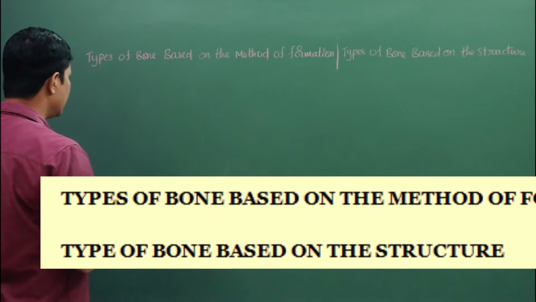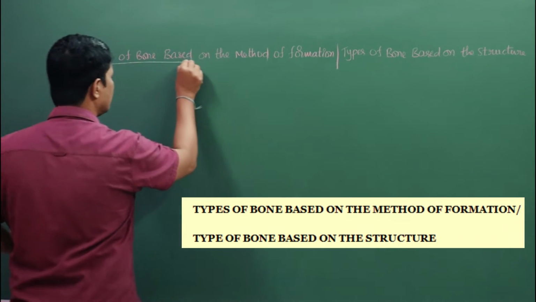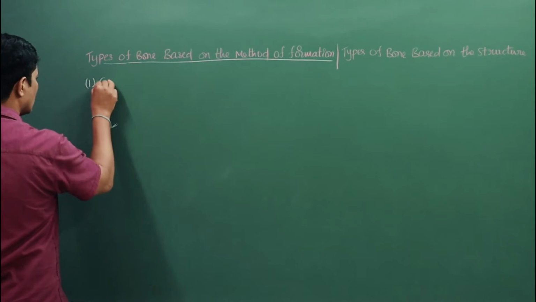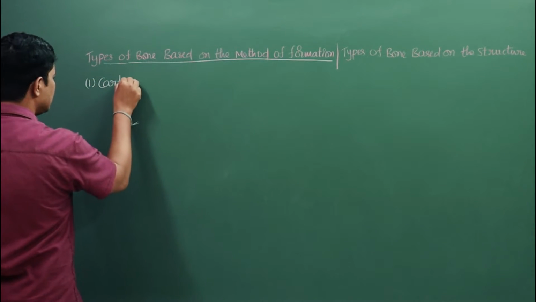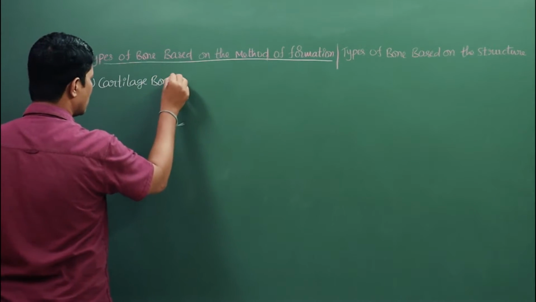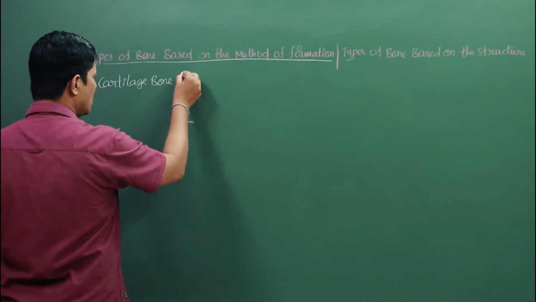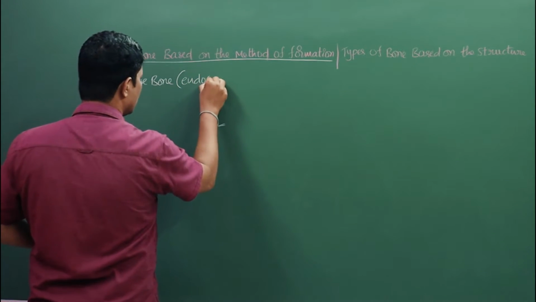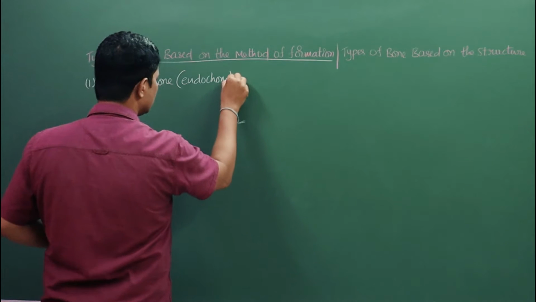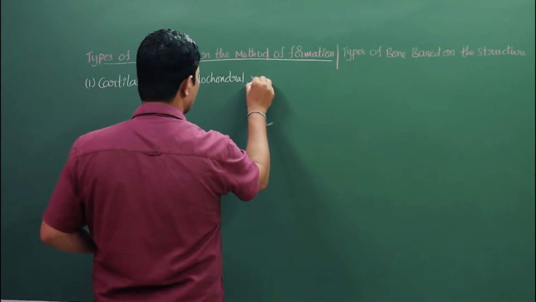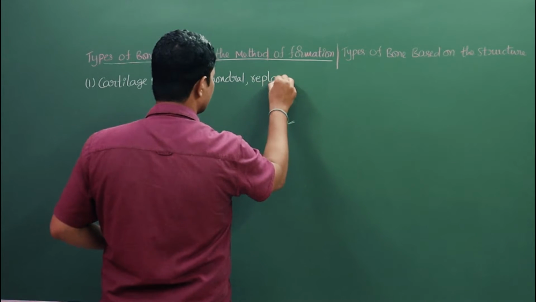Here we segregate the bones into different types. First one is cartilaginous bone. These cartilaginous bones are also known as endochondral bone or replacing bone.